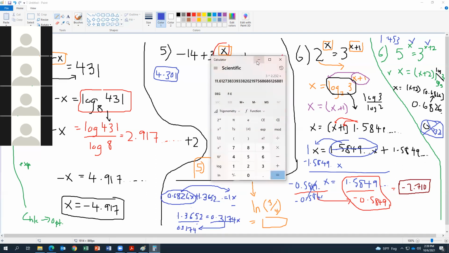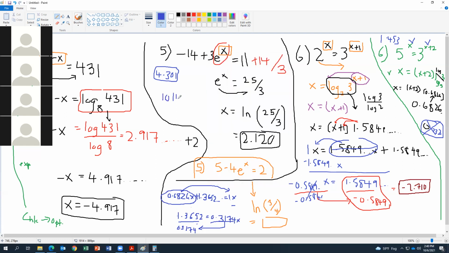And then check your answer if you have time. 5 to the power of 4.301. Oh my God, it's 1014. Let me write down 1014 here.